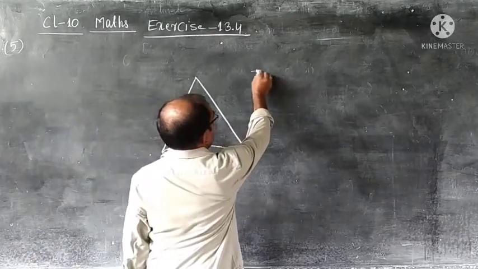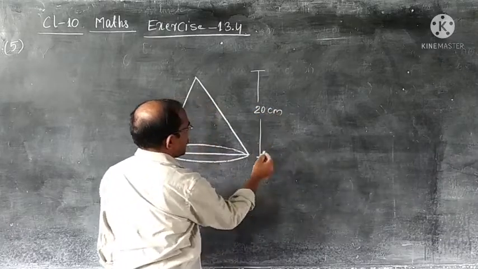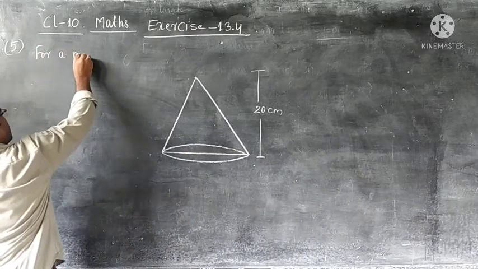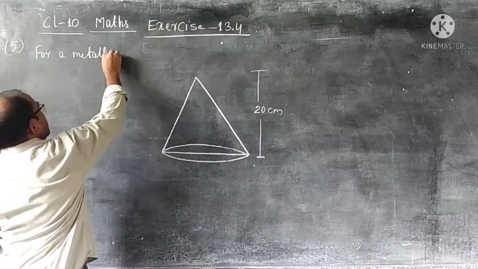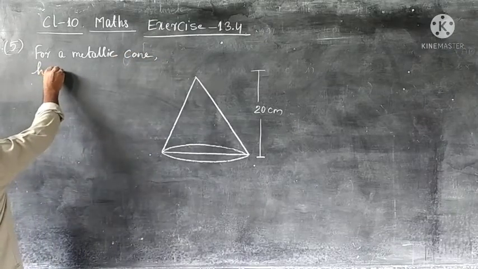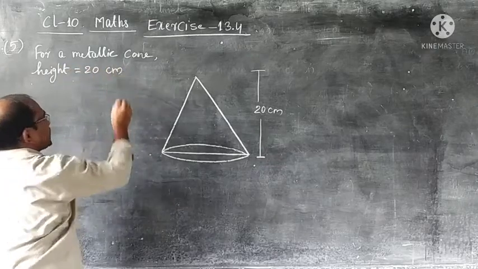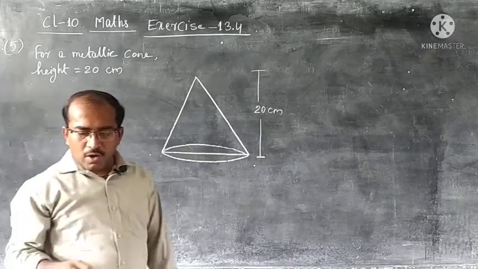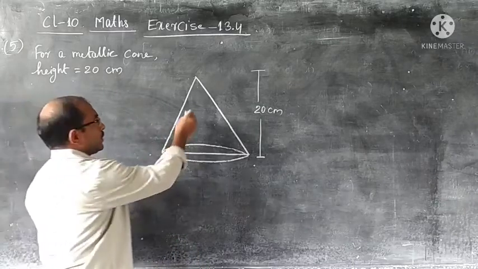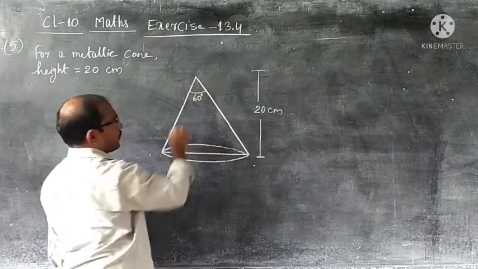Its height is 20 centimeter. Next, we will see the question whose vertical angle is 60 degrees. Talking about this cone, vertical angle, this angle is 60 degrees.